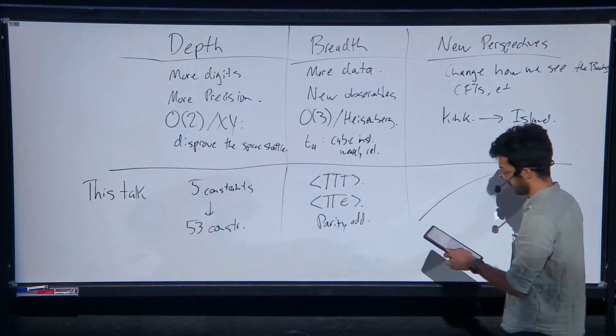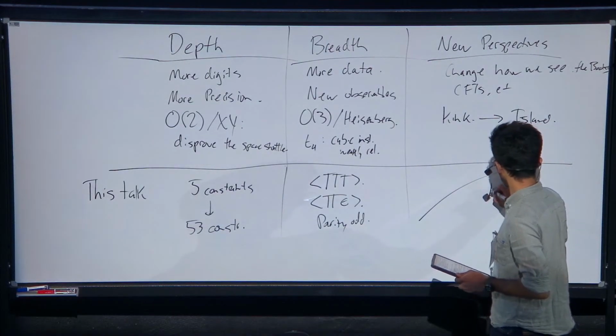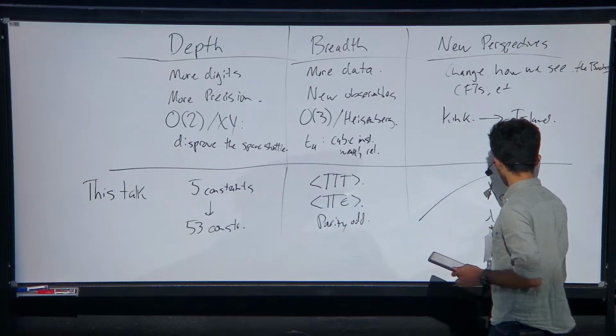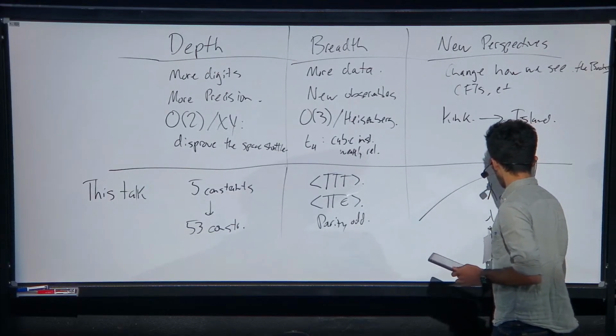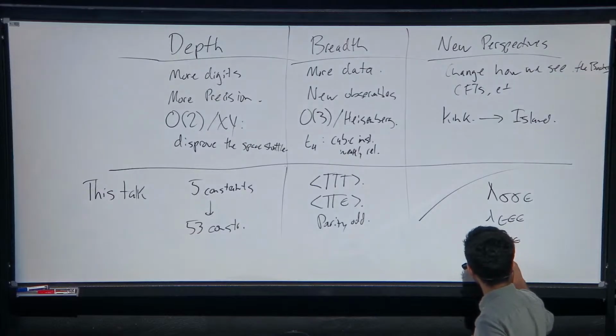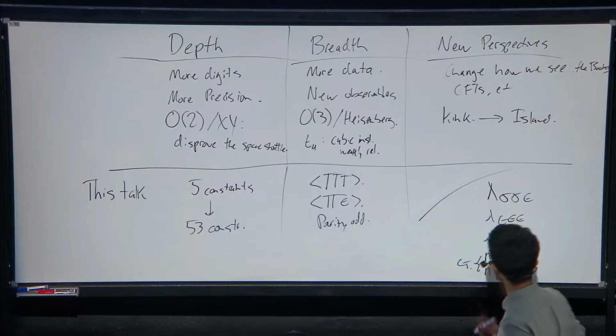So we have determinations of lambda sigma sigma epsilon, lambda epsilon epsilon epsilon, lambda t t epsilon, and what we call NB and NF, which are both related to the central charge.